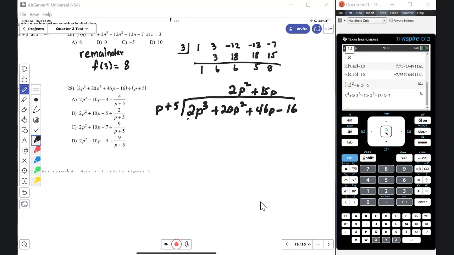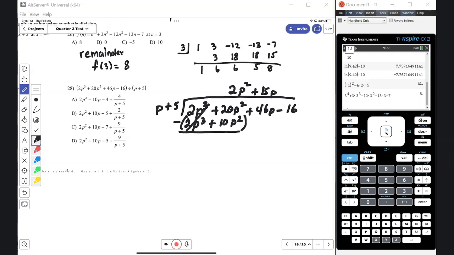For 28, we're dividing 2p cubed plus 20p squared plus 46p minus 16 by p plus 5. So you're going to multiply 2p squared times p, which gives you 2p cubed, 2p squared times 5, which gives you 10p squared.